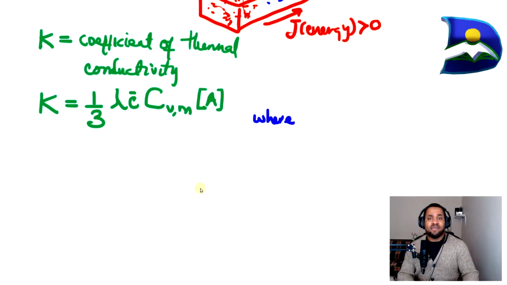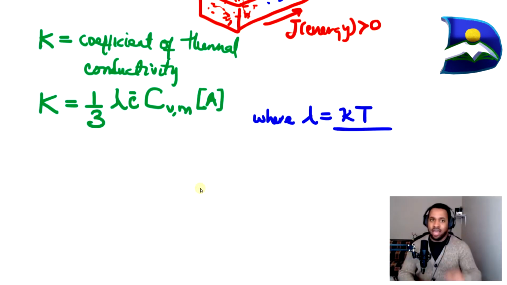So this is one way to address this formula, and the other way comes from what we know about our mean free path, where the mean free path is equal to kT, where this small k is the Boltzmann constant, not this big K that we have here, all divided by our pressure multiplied by the cross section of the molecule or particle, multiplied by the square root of 2.